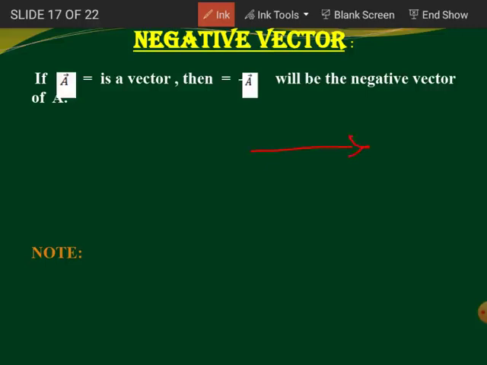Let's take this point as P. So your OP vector is nothing but vector A. If you are going to write the negative of this vector A, it will be represented by minus OP, and in the vector notation, it will be minus A.